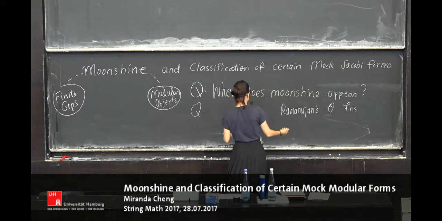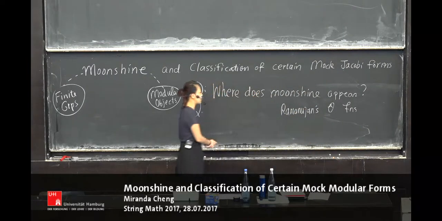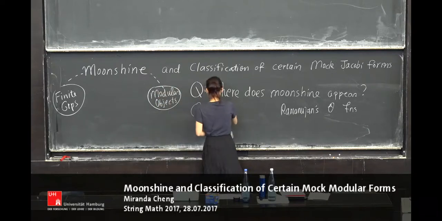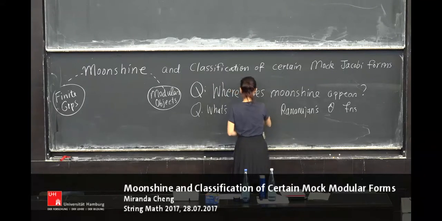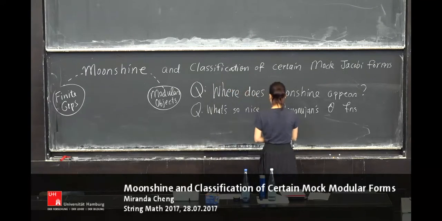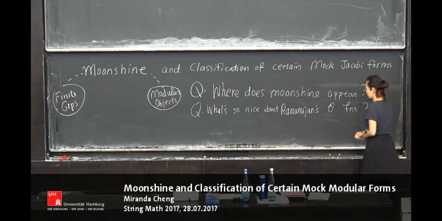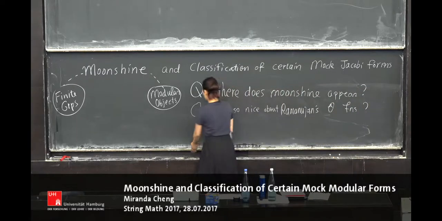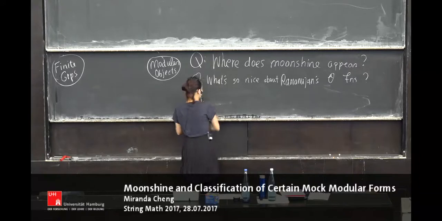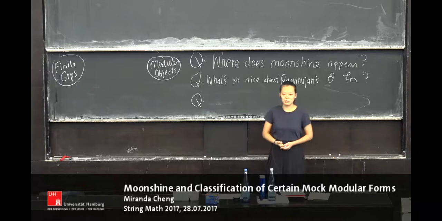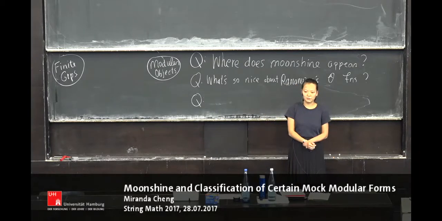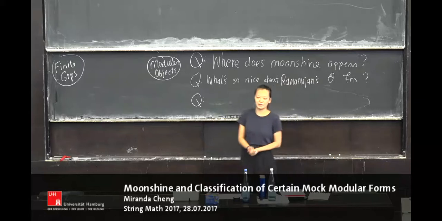But why are they so special? Among all the possible mock forms, why are Ramanujan's mock theta functions better than the others? And the third question comes from the fact that many of you have heard about mock modular forms because they naturally show up in physics, in the counting of black holes and other BPS invariants and so on.